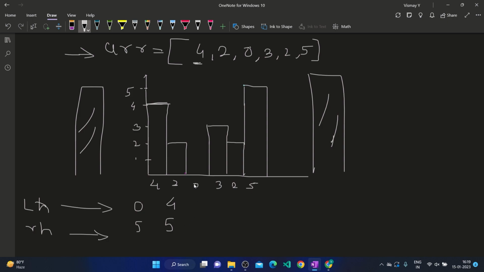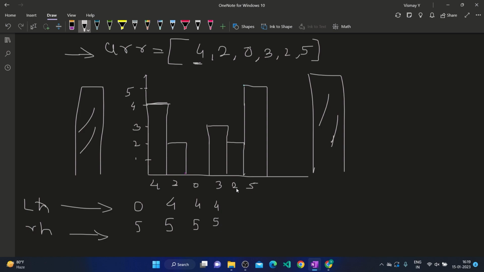Now for this 0, on its left side the highest is 4, from this 4 and 2. On its right side, from this 3, 2 and 5, the highest element is 5. Same for this 3: on its left side we still have 4, and on its right side 5 again.